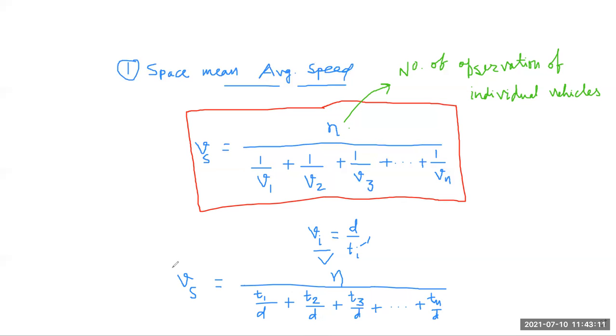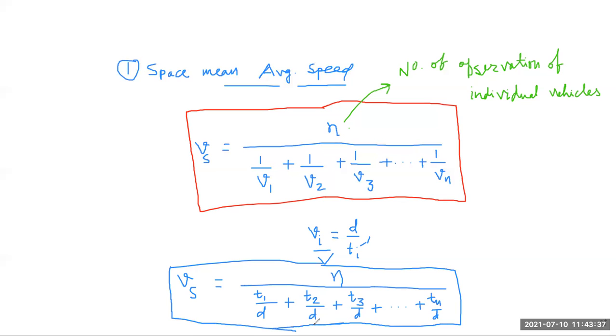Here this is our space mean speed, and V1, V2, V3, V4 will be written in this manner as T1 by d, T2 by d, T3 by d, T4 by d, and so on.